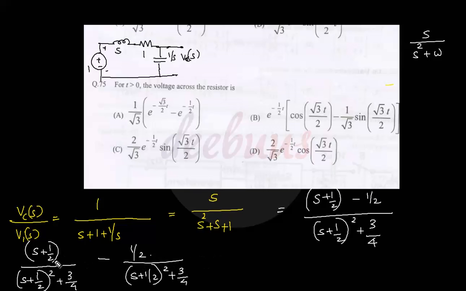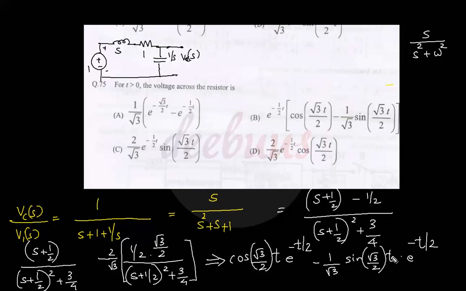So this term turns out to be inverse Laplace transform as cos ωt, but for this term to be a sin ωt I have to multiply the numerator by root 3 by 2. That means I have to put the inverse of root 3 by 2 here, that is 2/√3, right. Now the inverse Laplace transform gives this term as cos, since this is S/(S² + ω²), right.